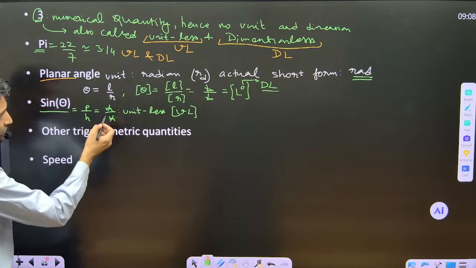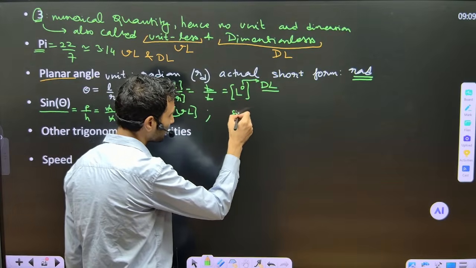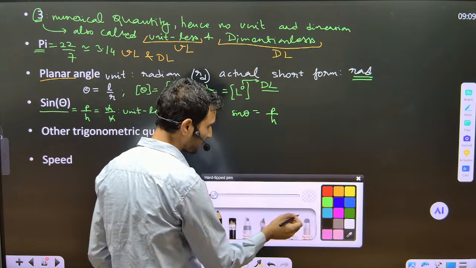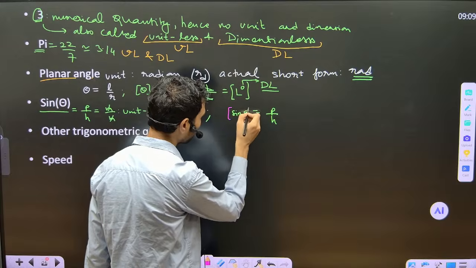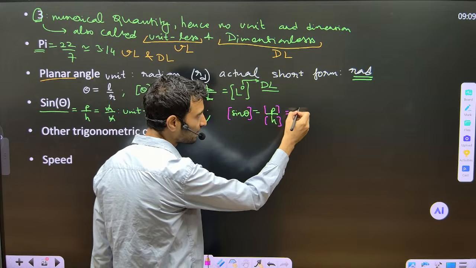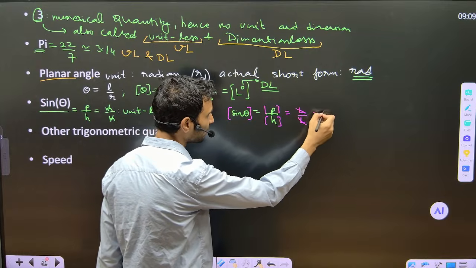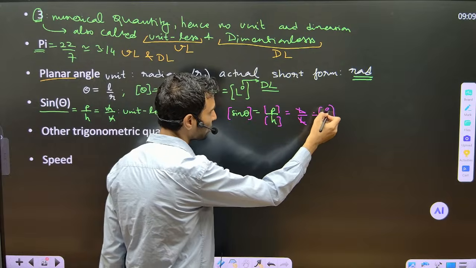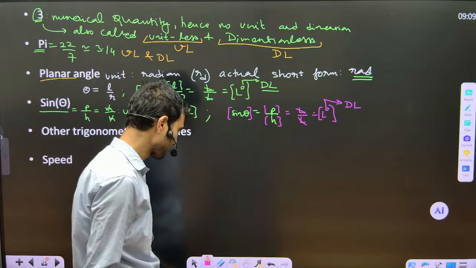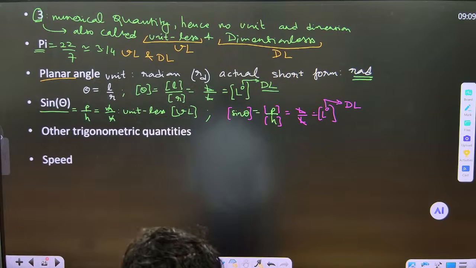And what about dimensions? So sine theta is equal to perpendicular upon hypotenuse, and if you check the dimensions, you have to put a square bracket like this. So perpendicular means length only, right? And hypotenuse also means length. That gets cancelled, and you get L to the power 0. So 0 indicates it is again dimensionless, right?